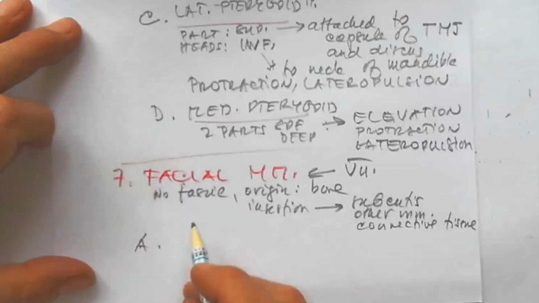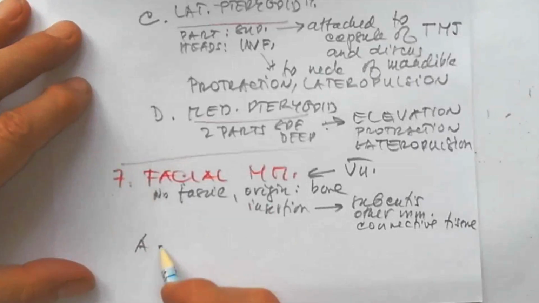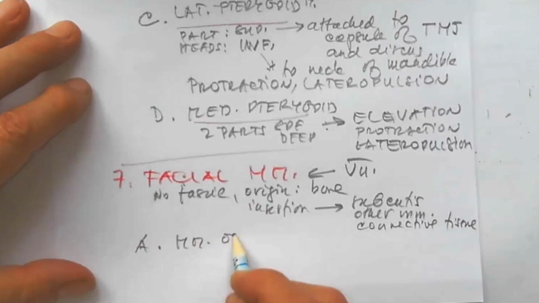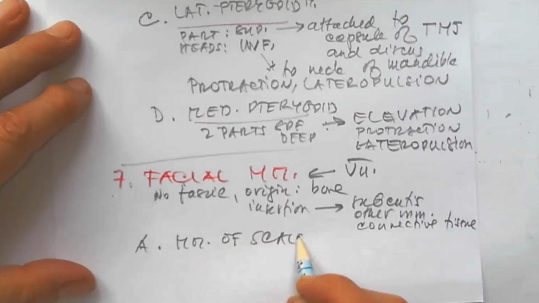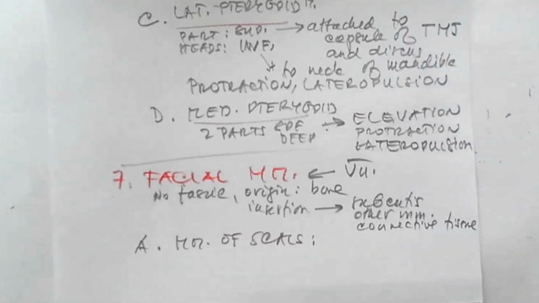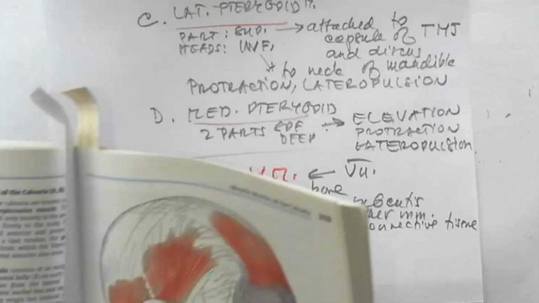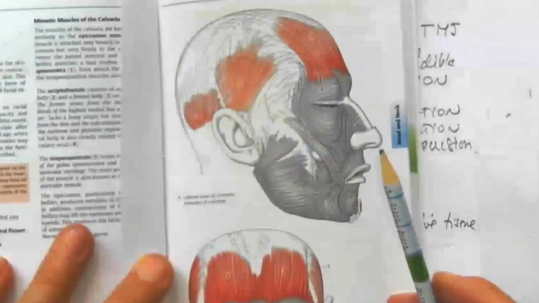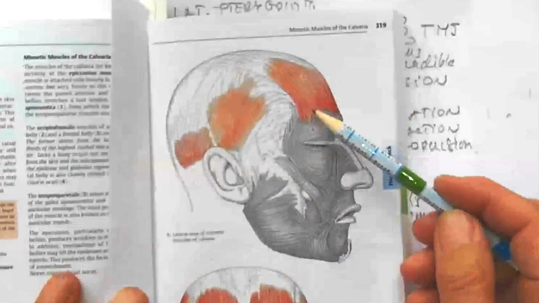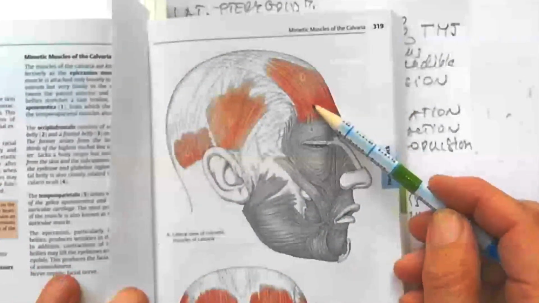Starting with A, muscles of the scalp. Muscles of the scalp means muscles of the superficial part, the covering, or muscles attached to the coverings of the skull. This figure would be the best. We see that the muscle is called epicranius.